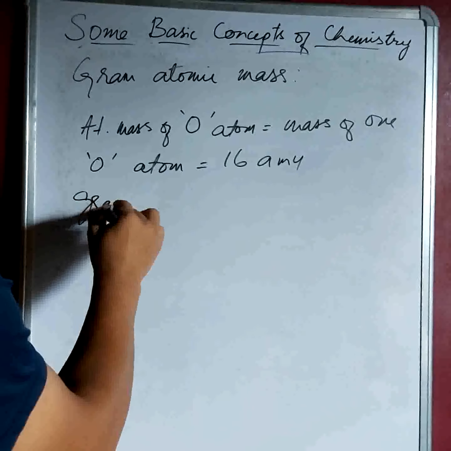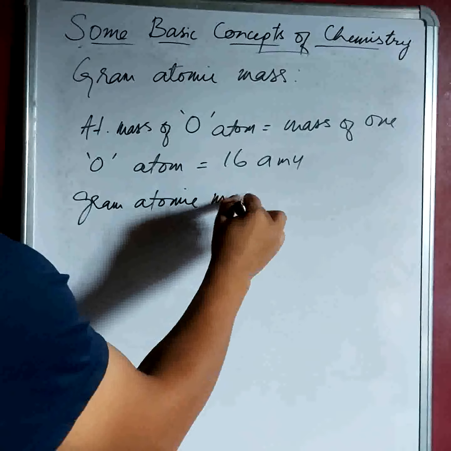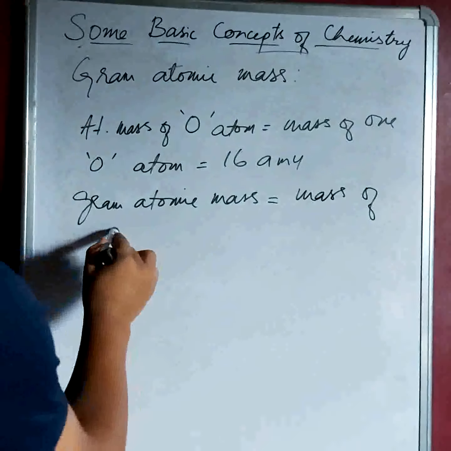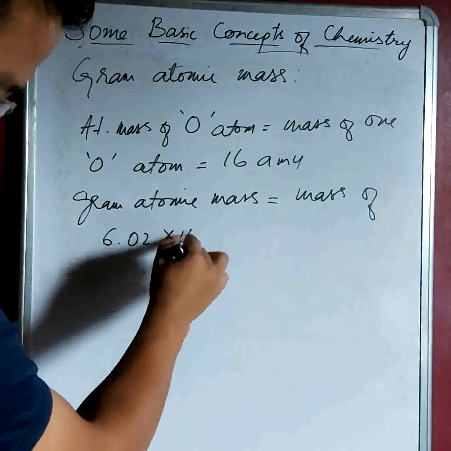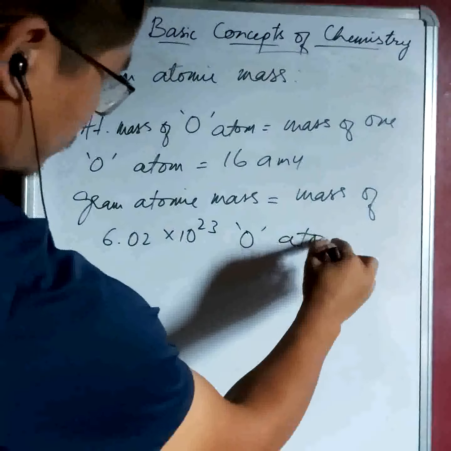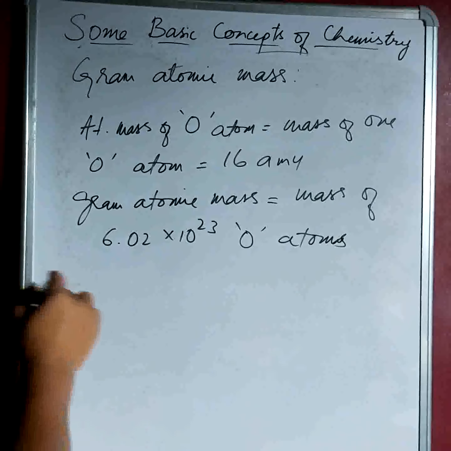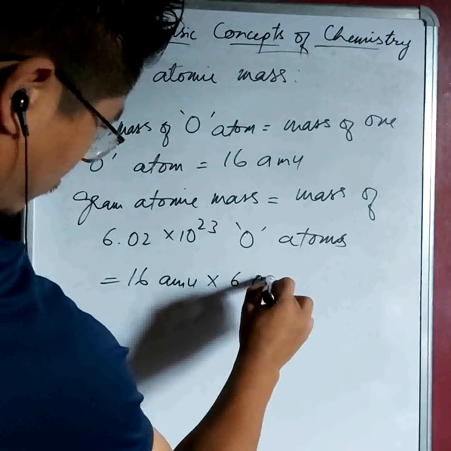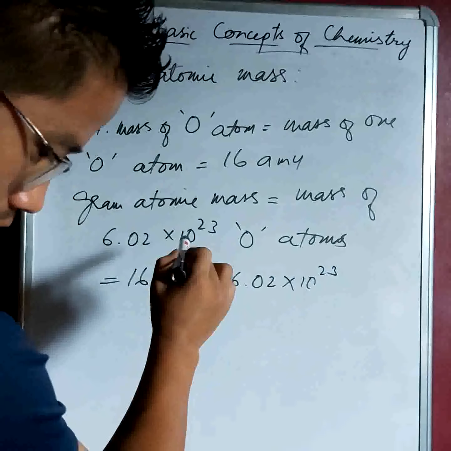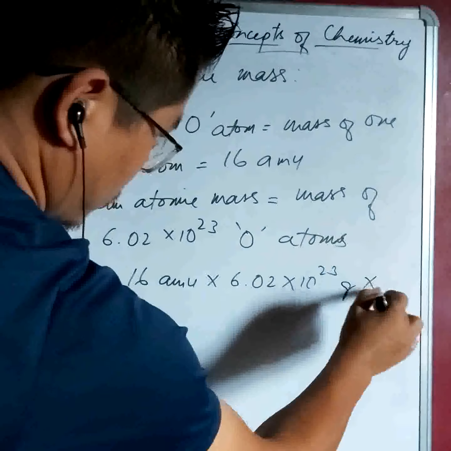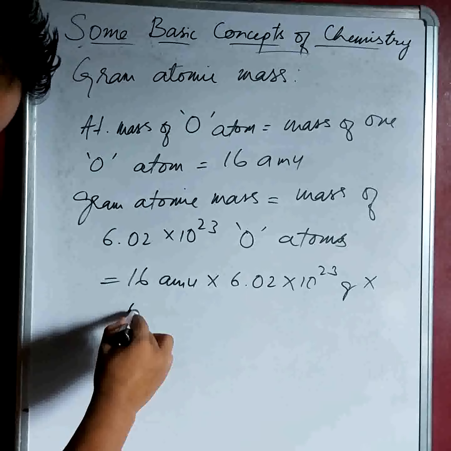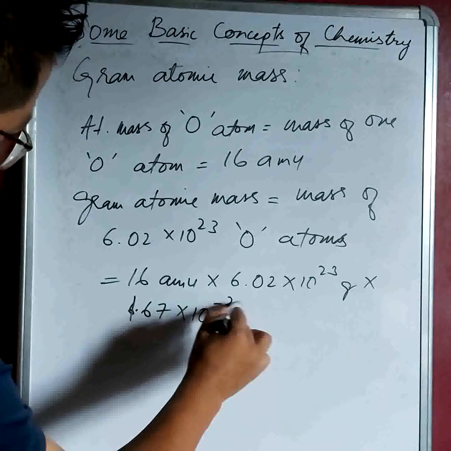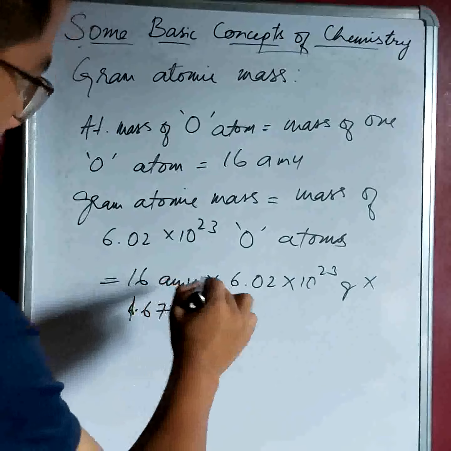Now gram atomic mass is equal to the mass of 6.02 into 10 raised to the power 23 oxygen atoms, which is equal to 16 atomic mass unit into 6.02 into 10 raised to the power 23 into 1.67 into 10 raised to the power minus 24 grams.